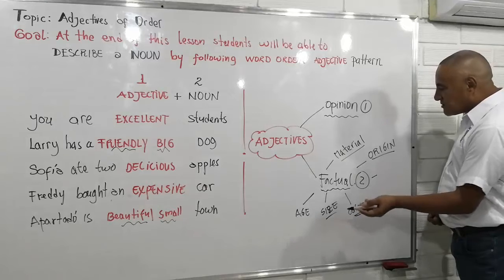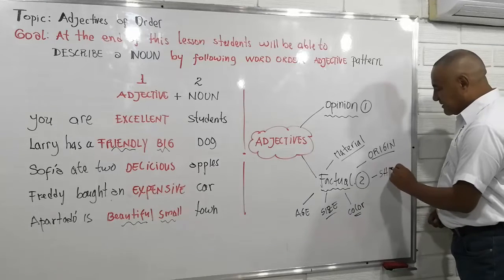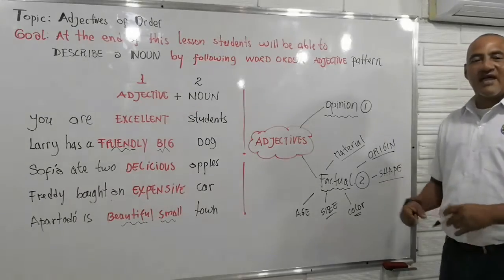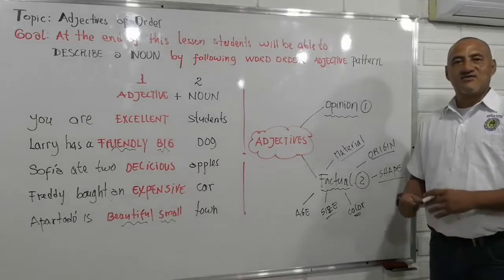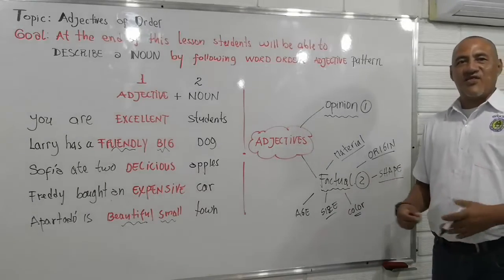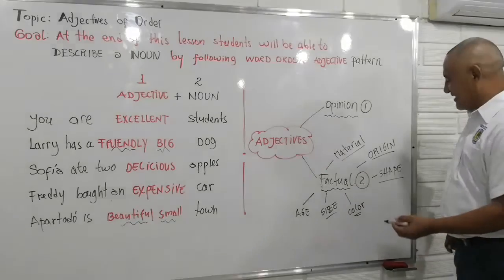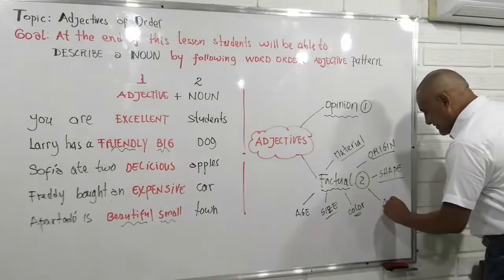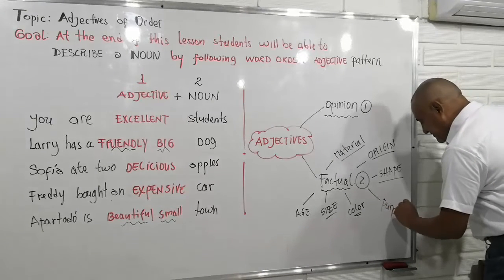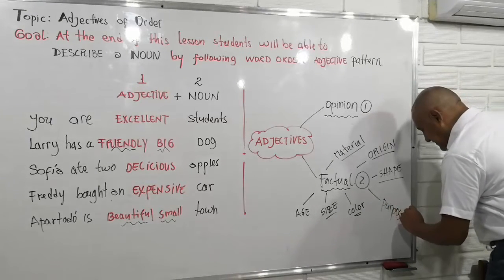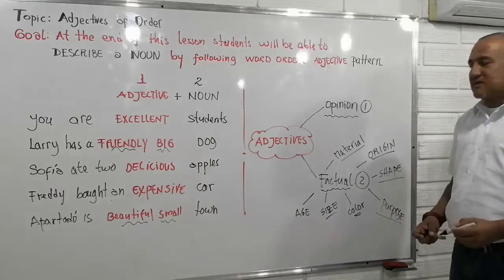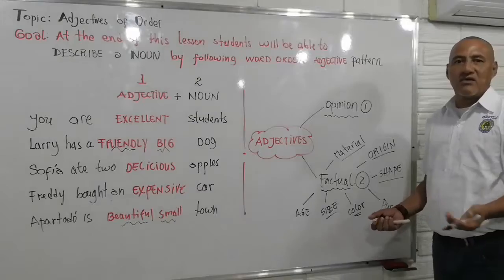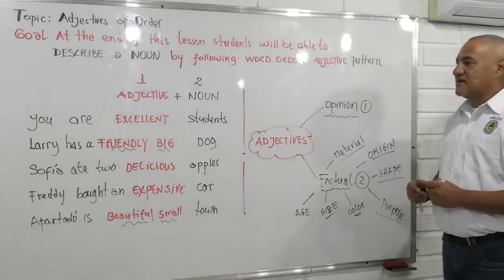Give us also information about the shape, la forma: triangle, round, thin, fat, etc. Give us also information about the purpose, el propósito para el cual está diseñado el objeto que estamos describiendo.